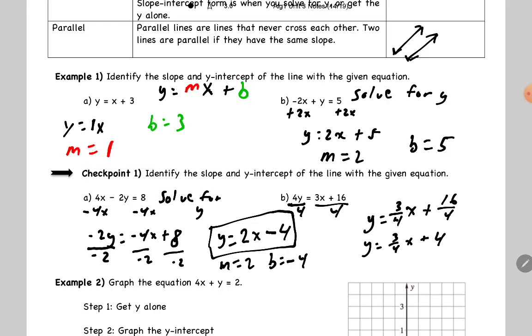So notice what I did there. I kept everything as a fraction. And it's very important because our slope is rise over run. So we can leave it as a fraction. It's easier if we leave it in a fraction. And then our y-intercept is positive 4.